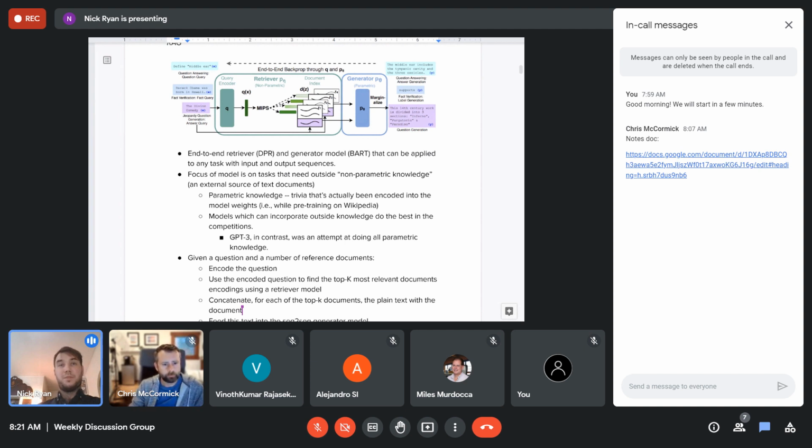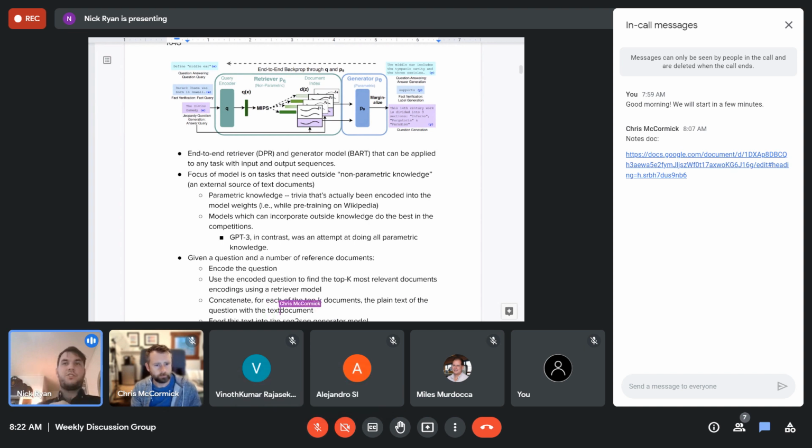So essentially, you're finding the most similar documents to your question, and those are the best candidates for having the answer. Then, and this is a question we had the other week, you concatenate the raw text of the question and the raw text of the document, and that is what you feed into the generator.